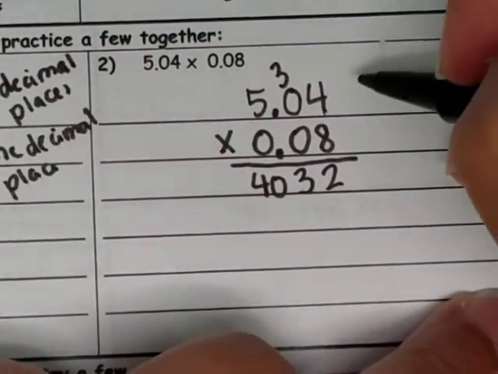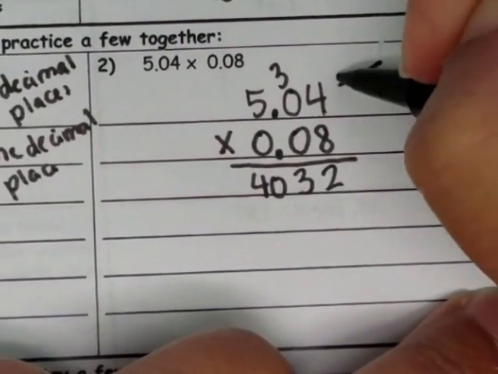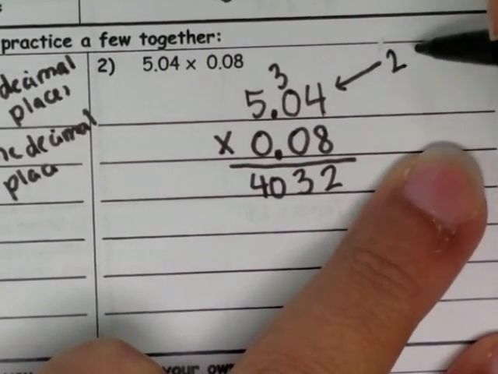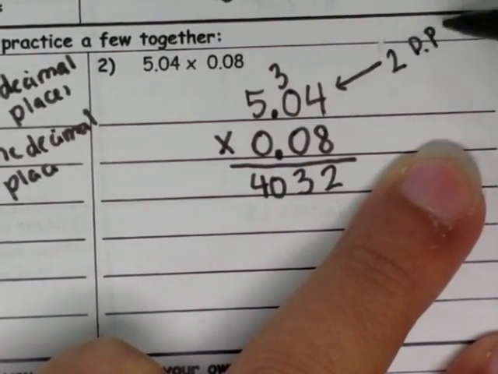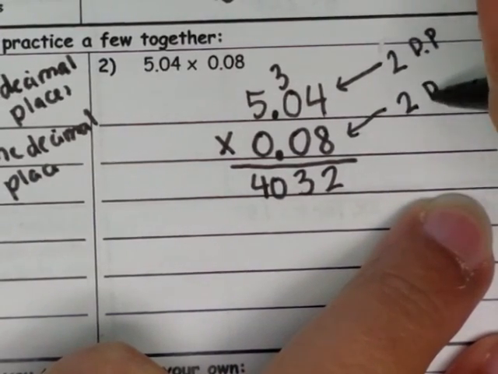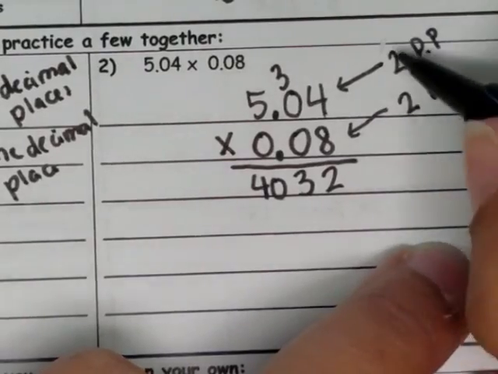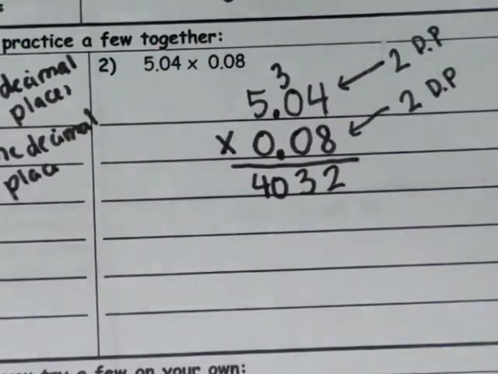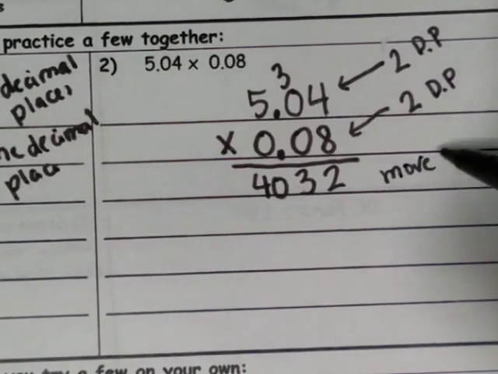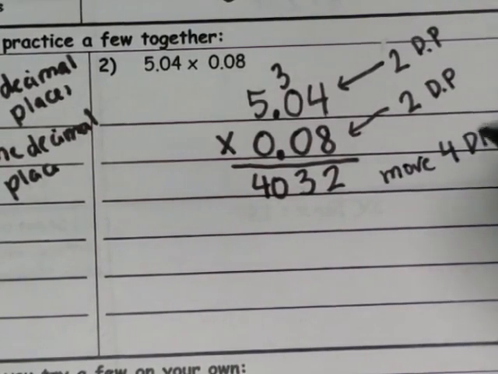So what we're going to do is we're going to count the decimal places after the decimal here. We have got 2 decimal places. I'm just going to call it DP for decimal places. This has 2 decimal places. So we need to move it 4 decimal places.